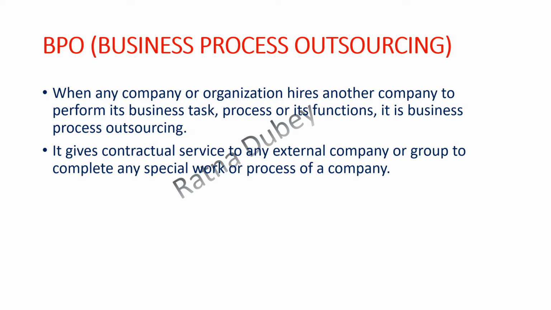So this is business process outsourcing. That means any process or business task or function is being done by some other company, or it has been outsourced to some other company.